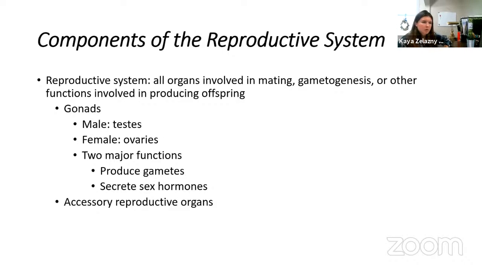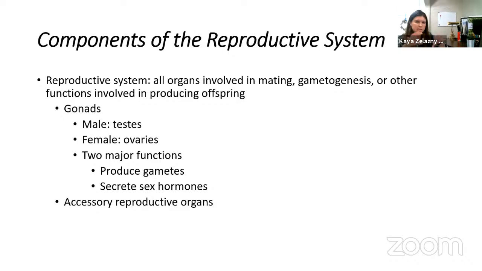One of the things we're going to focus on is the gonads, because these are really the specialized primary sexual organs that we're going to be interested in terms of producing gametes, producing sperm and egg cells. So in males, the gonads are referred to as the testes, which you've seen in lab. In females, the gonads are referred to as ovaries. So these are analogous, right?